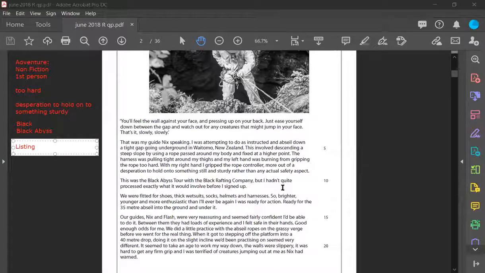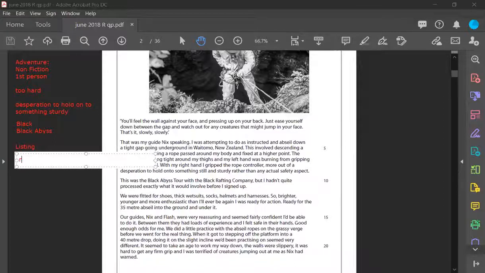Okay, and the so younger enthusiastic repetition. Rule of three: brighter, younger, more enthusiastic, right? 3 points. So we have a rule of three. There you go. So we were fitted for shoes, thick wetsuits, socks, helmets, and harnesses.